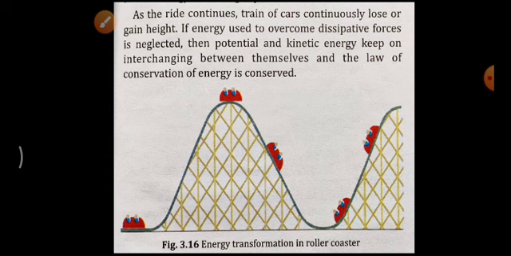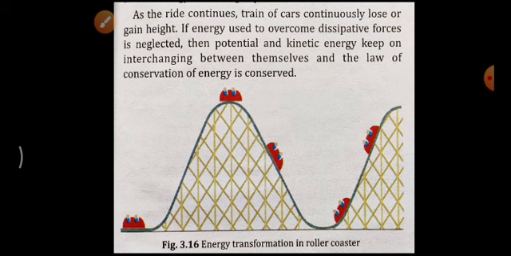When it is present at the top of the hill, at that time it is having that gravitational potential energy, which is quite large also because of the mass of the train or the small car also, because it is having huge mass, so it is having more amount of gravitational potential energy. So when it comes down and speeds up, its potential energy gets changed into kinetic energy due to the high speed of car. So from the top of the hill, again if it is coming down, then from gravitational potential energy to kinetic energy it will be converted.